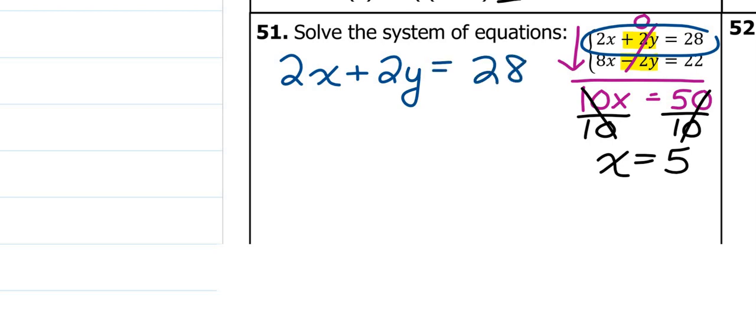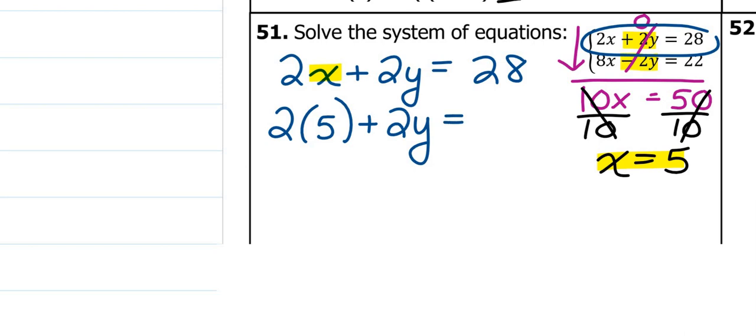And now I'm going to plug in x is 5. So 2 times 5 plus 2y equals 28. 2 times 5 is 10 plus 2y equals 28.